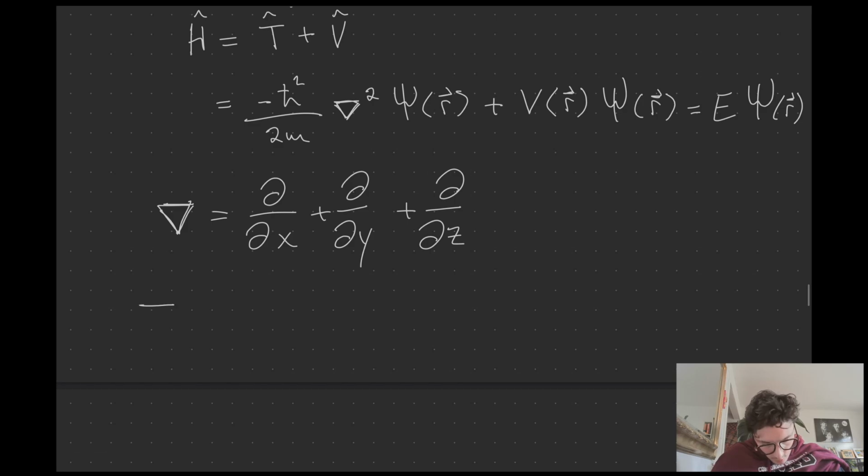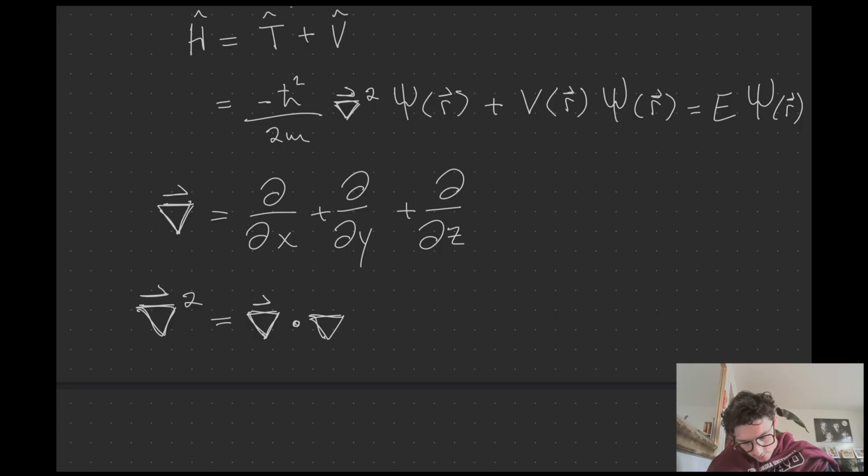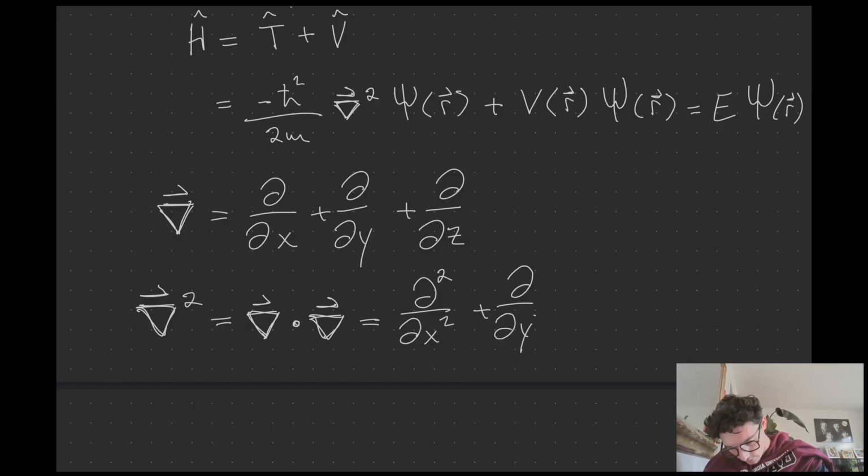And since we want this thing squared, this thing is considered a vector. So normally you will see a bold or a vector hat on top of it like this. You have to dot product this thing into itself to get the squared version. And what that means is you increase this to 2nd order partial derivatives. And in Cartesian coordinates, this looks kind of okay, like it looks pretty chill.